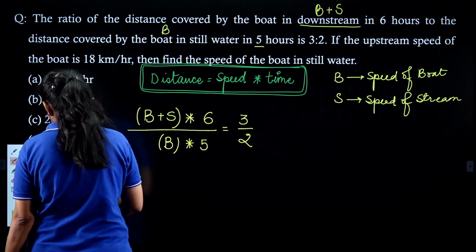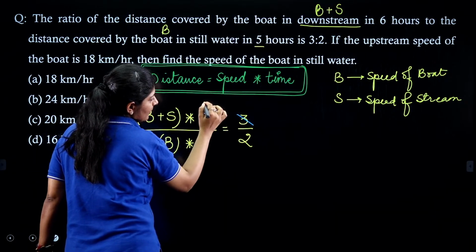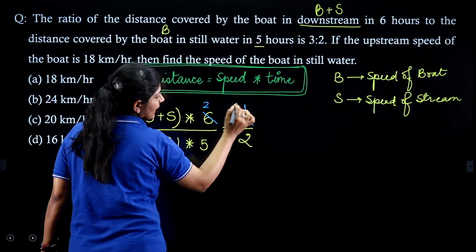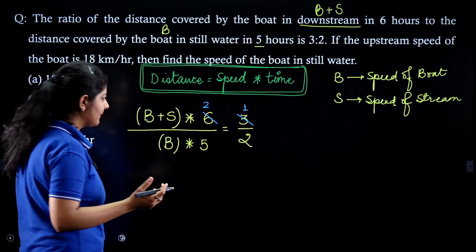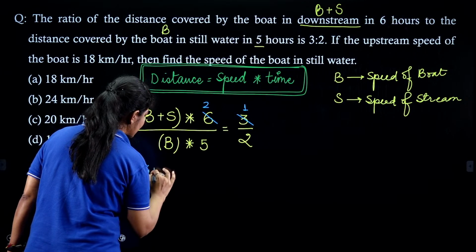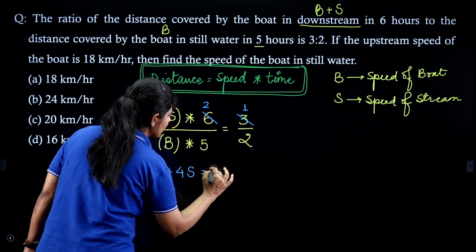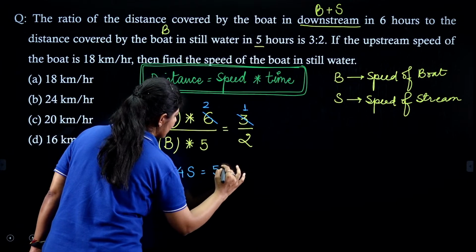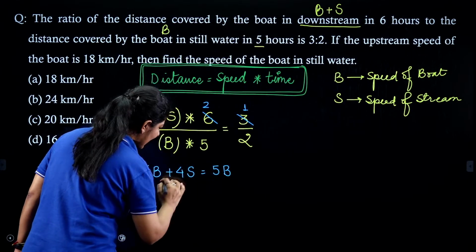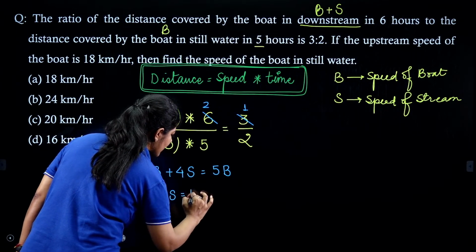Yeah, I can easily write it in this manner. I just do the cross multiplication. Here I'll write 4b plus 4s is equal to 5b. So from this I can write 4s is equal to b.